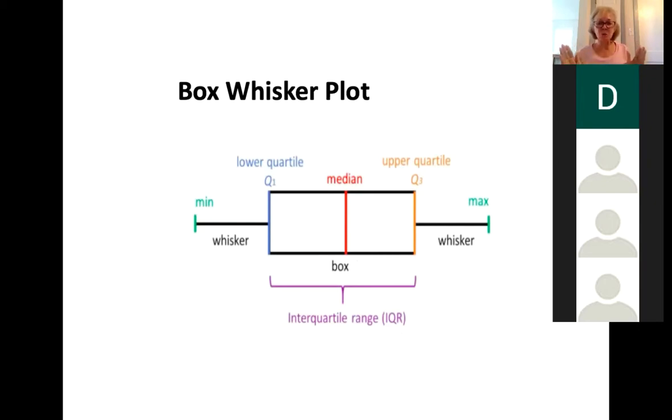If the box is wide, there's a lot of variability around the median. The IQR measures the width of the middle part of the data. The IQR doesn't care about all of this stuff. It doesn't care about all of this stuff. It just cares about the middle of the box. Very important when it comes to homework.